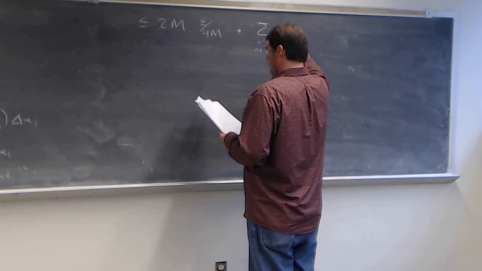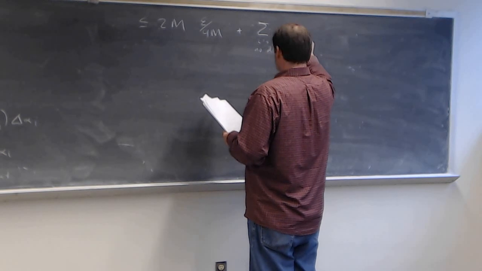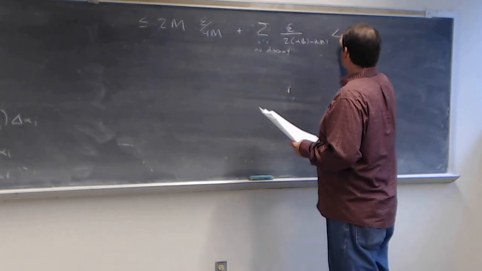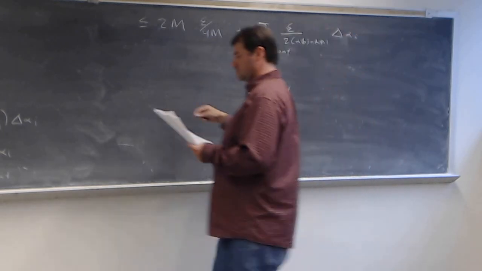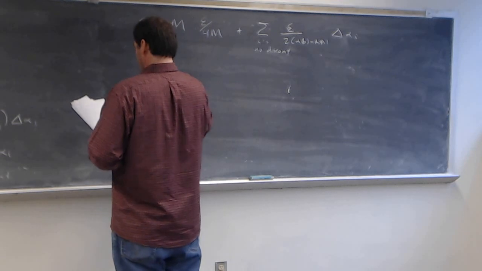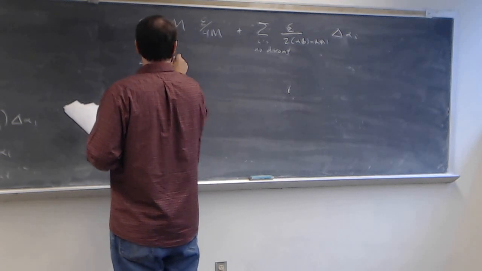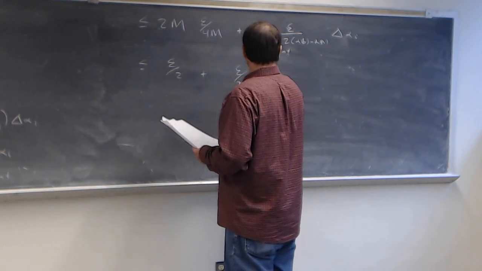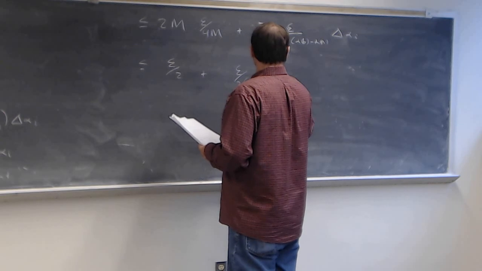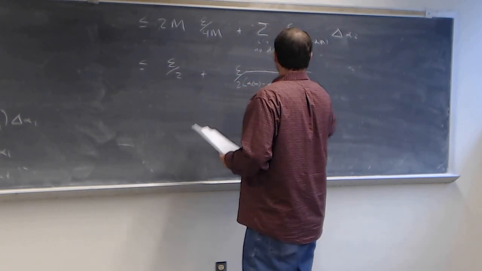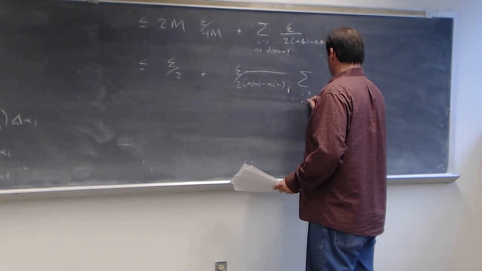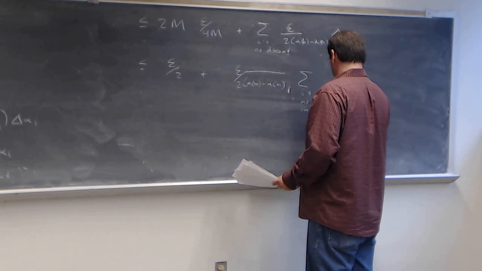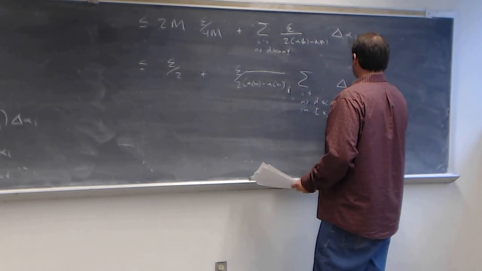And here I'm going to say epsilon over 2 times alpha of b minus alpha of a times the delta alpha sub i's. And that's going to be less than or equal to, well, of course, the m's cancel, the 2, it's epsilon over 2 plus epsilon over 2 times alpha of b minus alpha of a times the sum over these i's, no discontinuity, in x sub i minus 1 up to x sub i, of the delta alpha sub i.